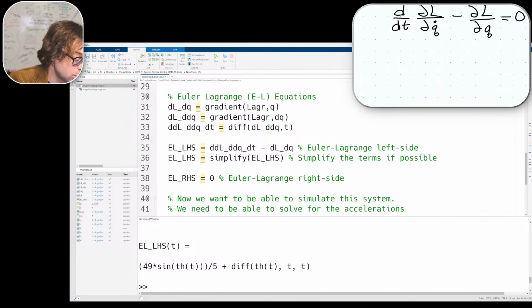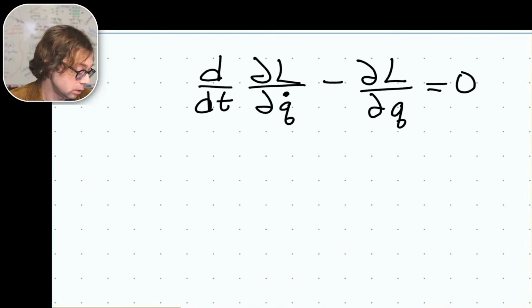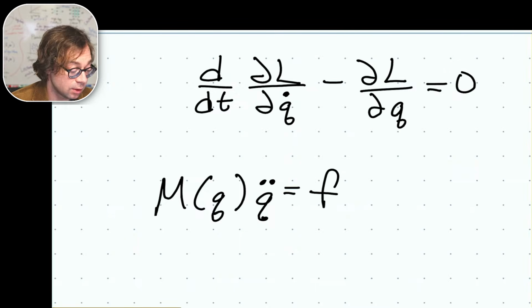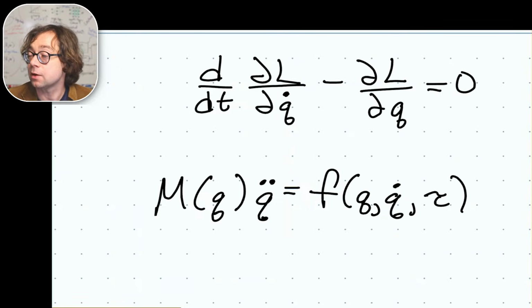And the way that we did this in class, we talked about doing this, is that we would try to turn the equation into something of this form. M of Q times Q double dot is equal to everything else on the right-hand side, something that's F of Q dot, and any control input, any control torques, tau, I should say.